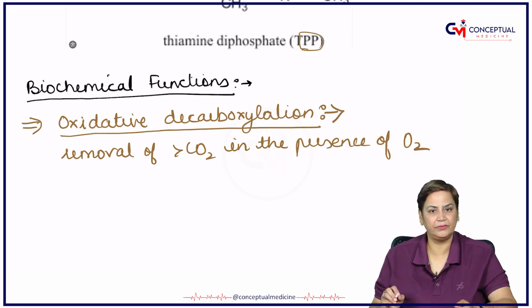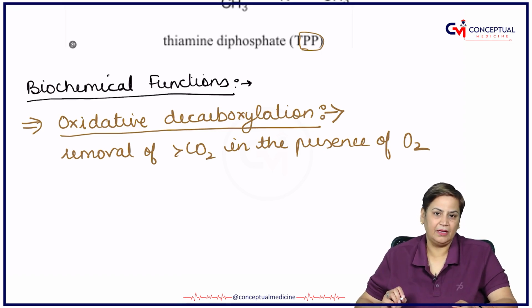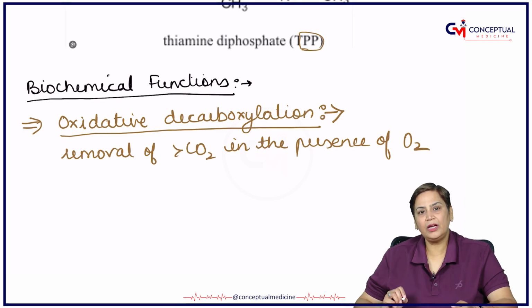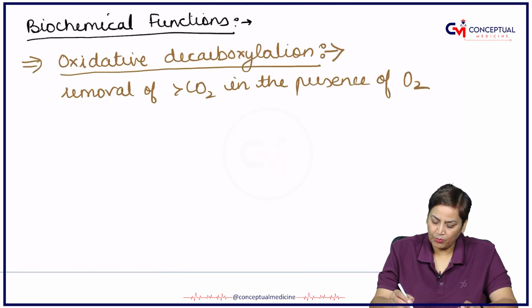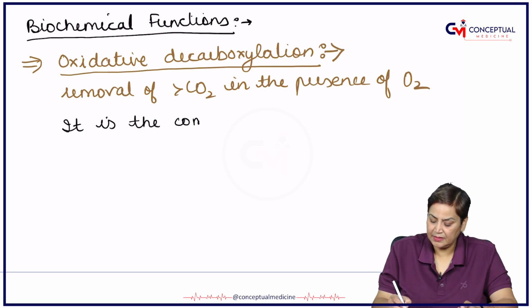Very important. TPP is the component of 4 main enzymes in the body which catalyze this oxidative decarboxylation.